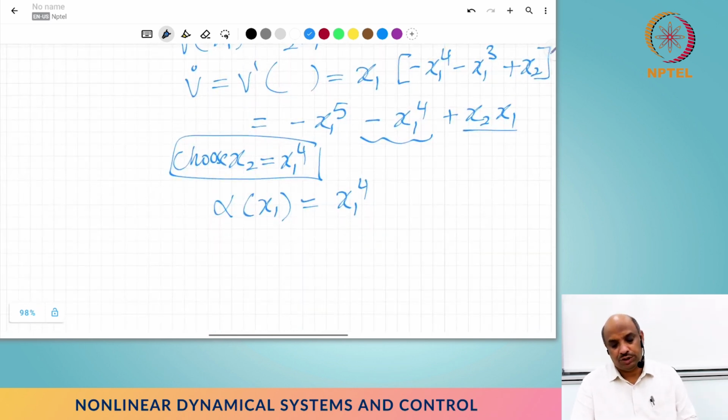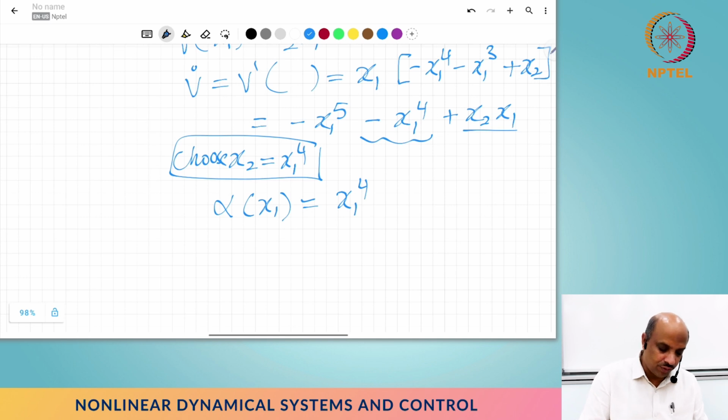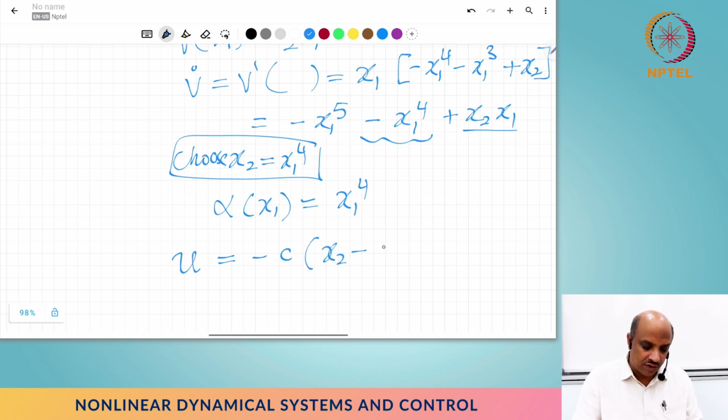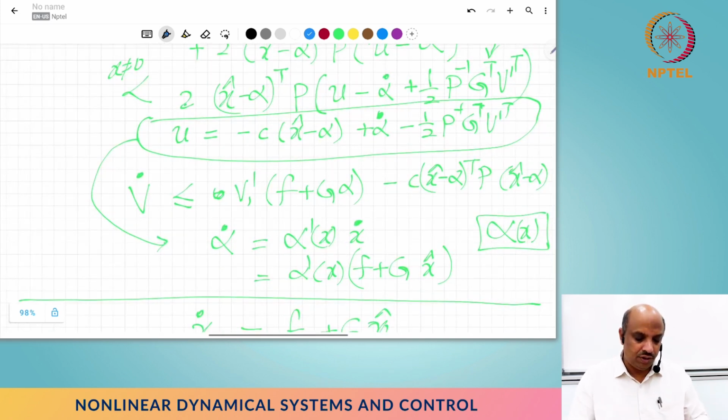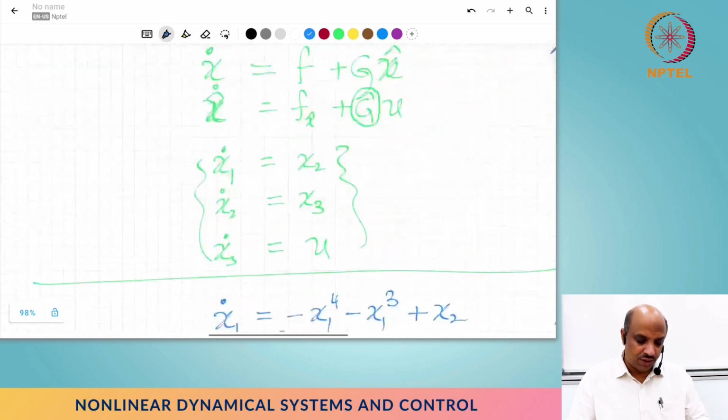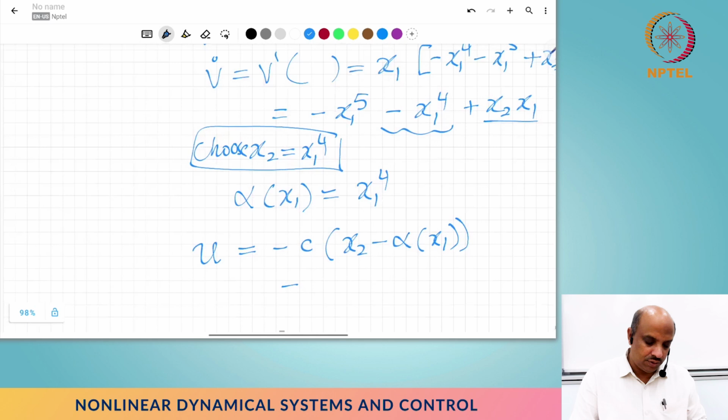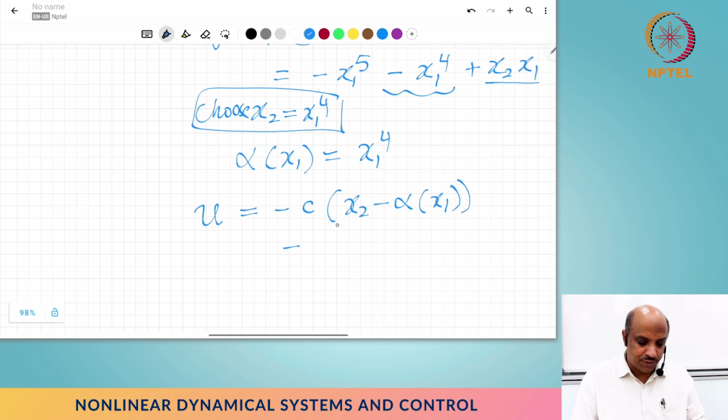I can redo the entire process, but if you recall, u has to be equal to minus c times (x2 minus alpha of x1), that's the first part, plus alpha dot minus half P inverse g transpose V prime and things like that. Alpha dot is essentially 4 x1 cubed times (minus x1 to the power 4 minus x1 cubed plus x2).